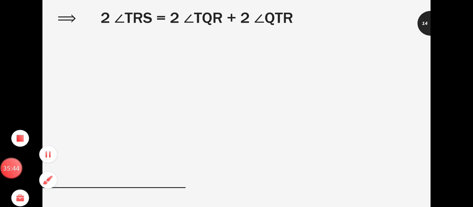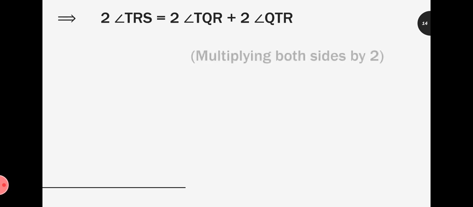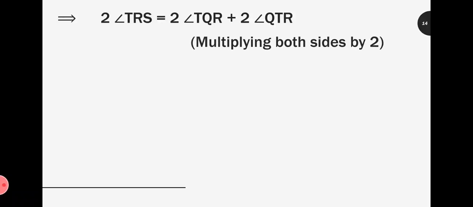Further we multiply both sides by 2. So we will get twice angle TRS equal to twice angle TQR plus twice angle QTR. Further solving, we multiply both the sides by 2. So we mention that we are multiplying both the sides by 2.